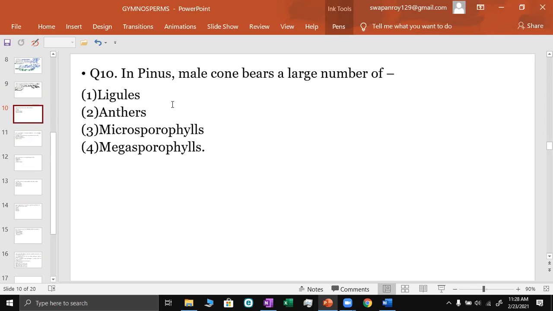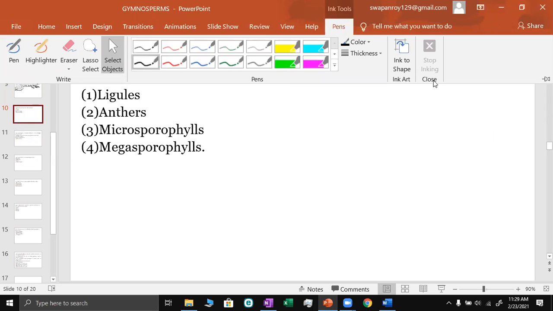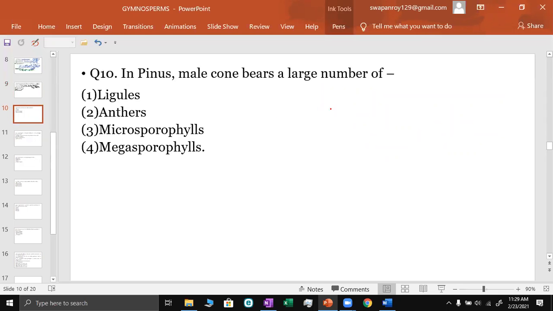Next question: in Pinus, the male cone bears a large number of what? The cone is made of sporophylls.